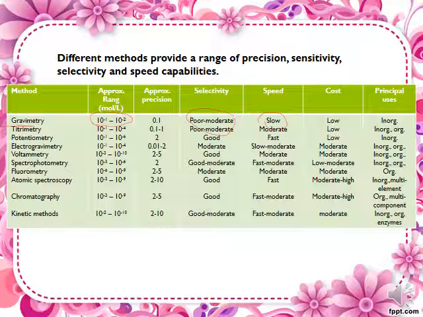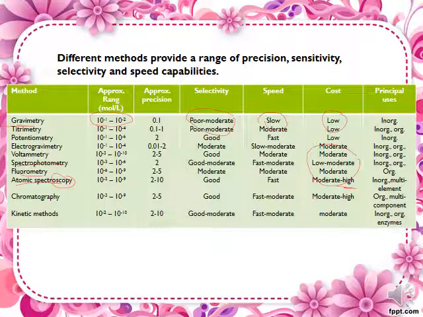Cost, of course, is lower because it doesn't need the use of a high-end instrument. Normally, if we use high-end instruments like spectrophotometry, fluorometry, atomic spectroscopy, the cost is quite high because of the high-end instrument. So you can see here, moderate to high.